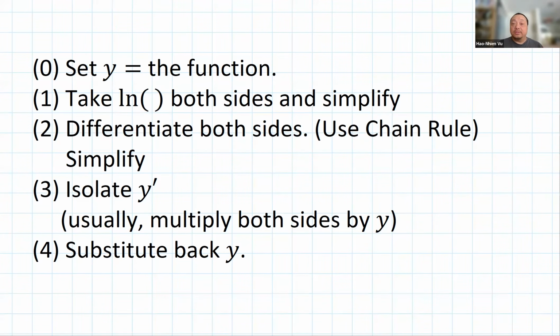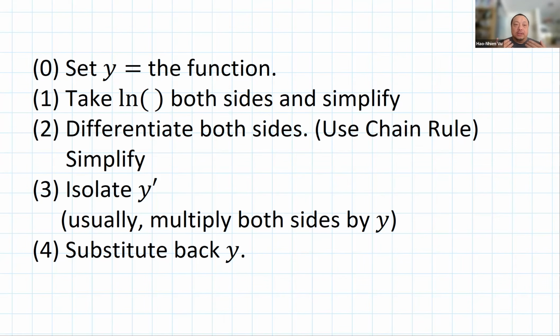All right, here's a summary of the steps. Step 0, the preparatory step, is to set y equal to the function that we're differentiating. Step 1, take ln both sides and simplify. Step 2, differentiate both sides. Don't forget to use the chain rule and simplify as much as we can. Step 3, isolate the y prime.